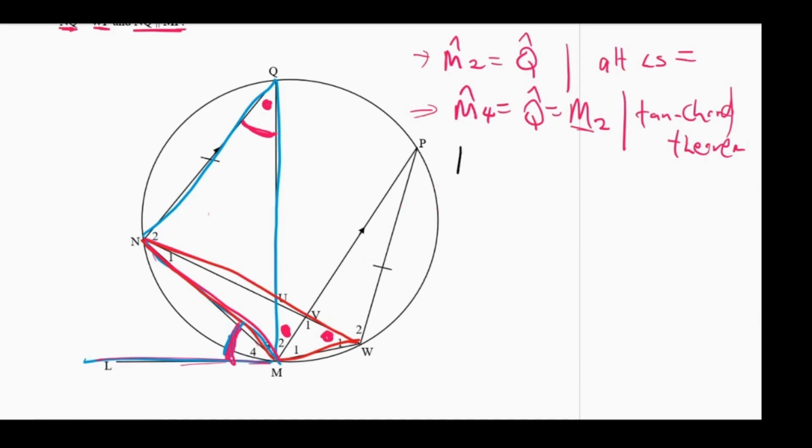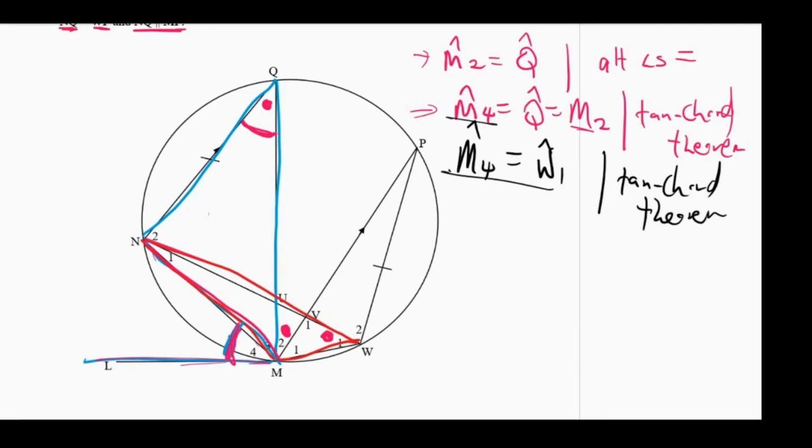What this means is angle M4 is equal to W1. So the reason for that is also tan chord theorem. So if these two are equal, and you know M4 is equal to Q, which is equal to M2, therefore W1 is equal to M2, right? So we've proven 3 angles being equal to M2. It's W1, it's M4, it's Q. So all three angles, right? So we are done with this question here.